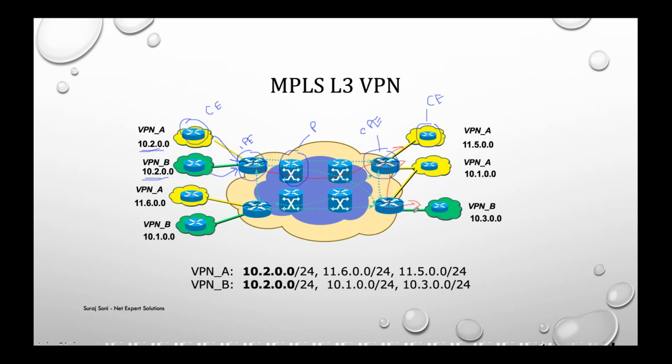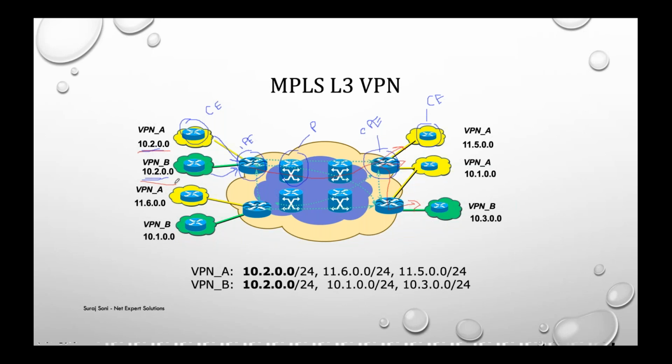So I need to make sure of that too. My first job is that I need to segregate the IP subnet. Why? Because they are using identical IP subnets. I cannot have two identical IP subnets in my routing table coming from two different customers.